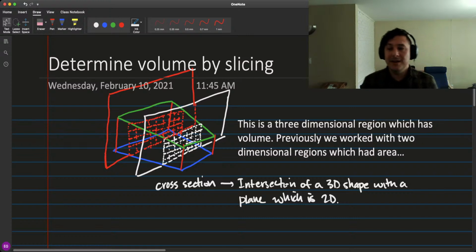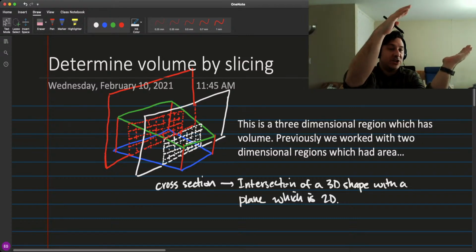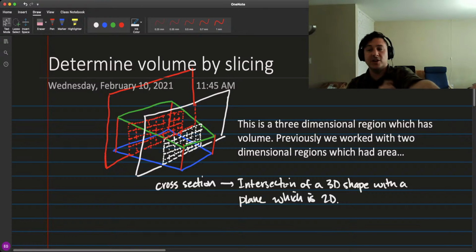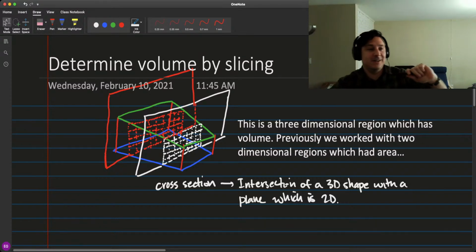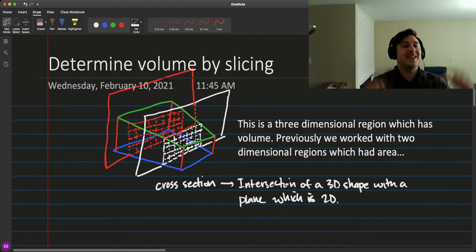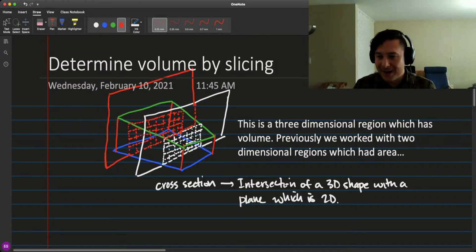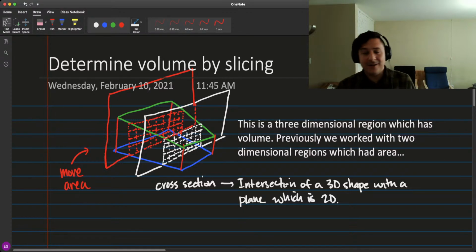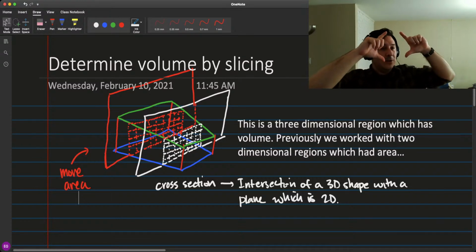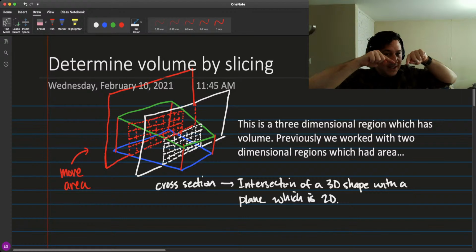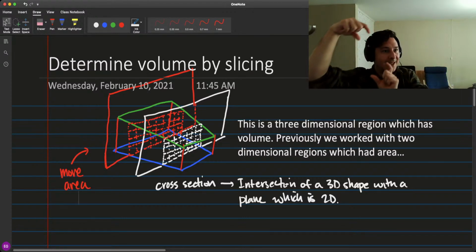Okay, cool. Because our box was crushed on one end, what can you say about the cross-section of the red one versus the cross-section of the white one? Yes, this one has more area. Okay, now this is going to be really cool. Remember how to estimate area, you would take little rectangles and add them together?